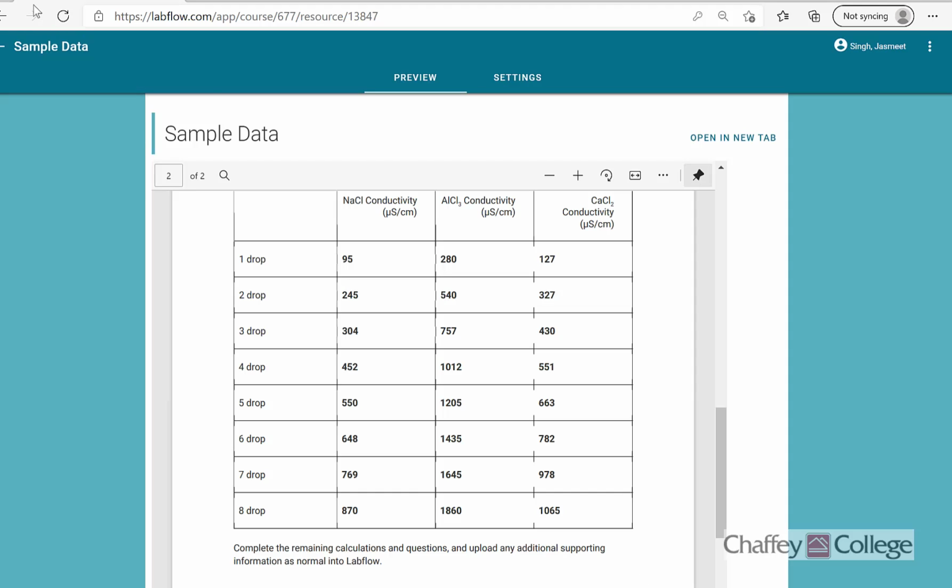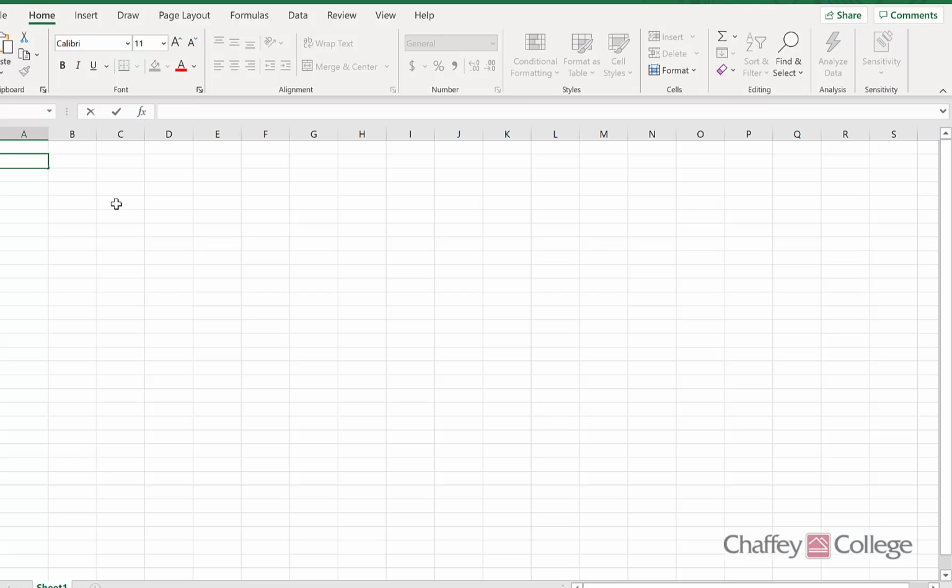For plotting, you will need Microsoft Excel, which is part of your Microsoft Office. So let's open Microsoft Excel and open any worksheet. For example, we can write number of drops in this column.